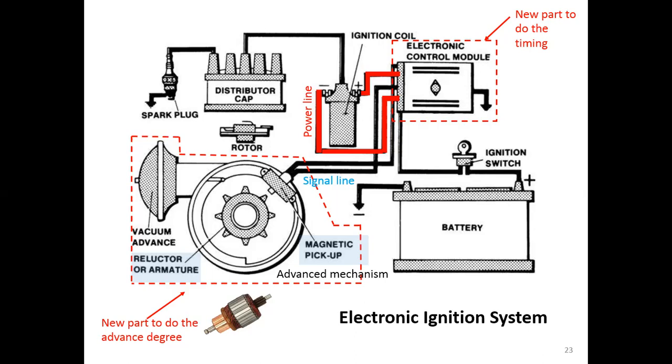It depends on the condition of the engine how much we need to advance our ignition, and how much depends on the signal that we receive from the cylinder, and that signal is the vacuum that happens in the cylinder.